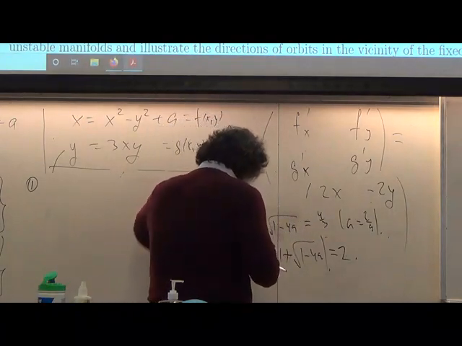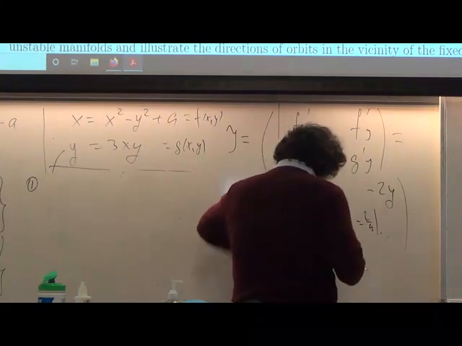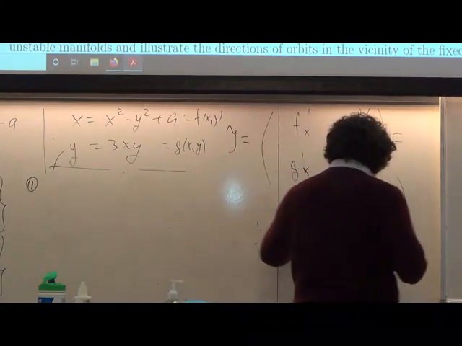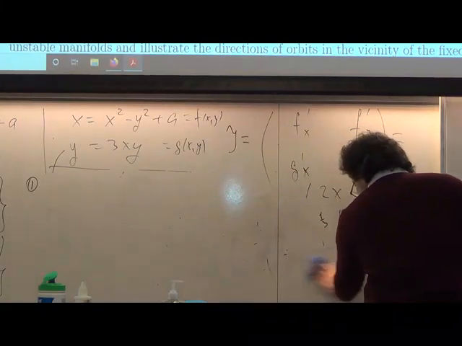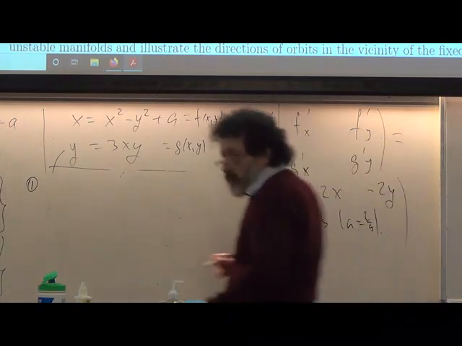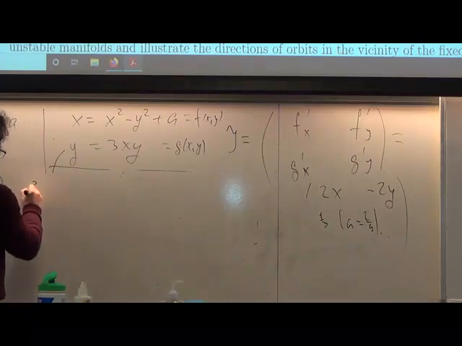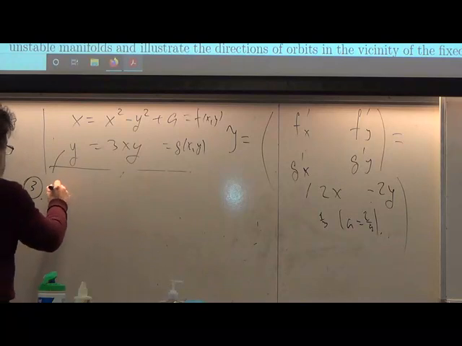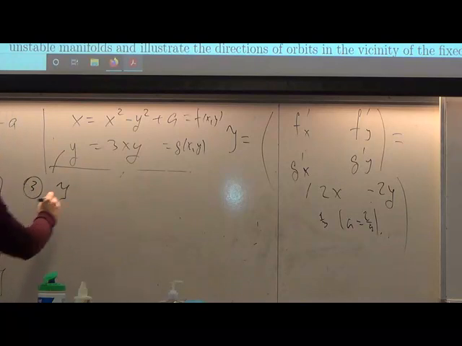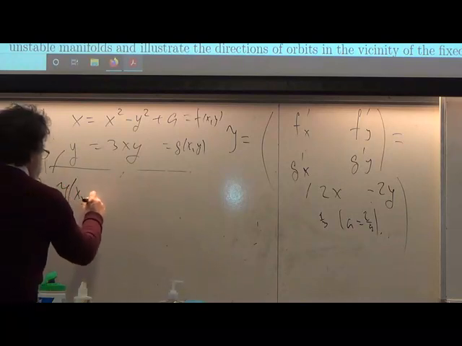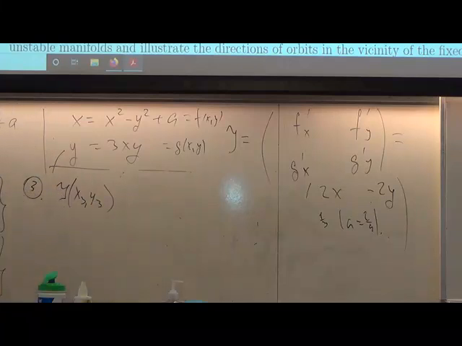And what we need is the Jacobian at x3, y3, where x is 1 over 3.